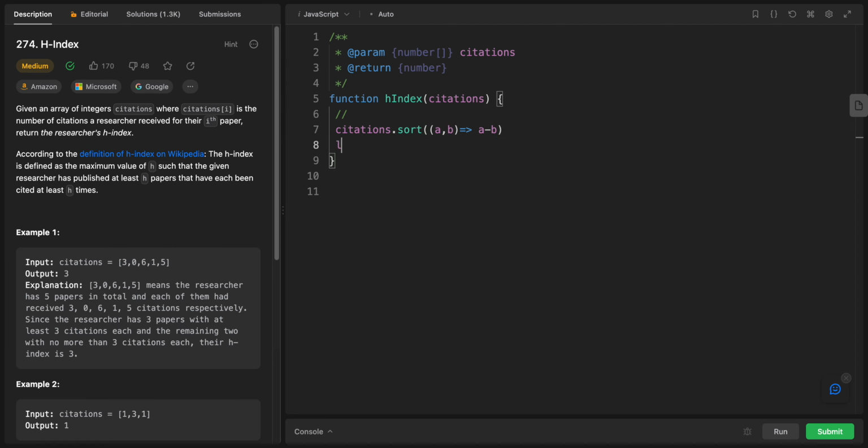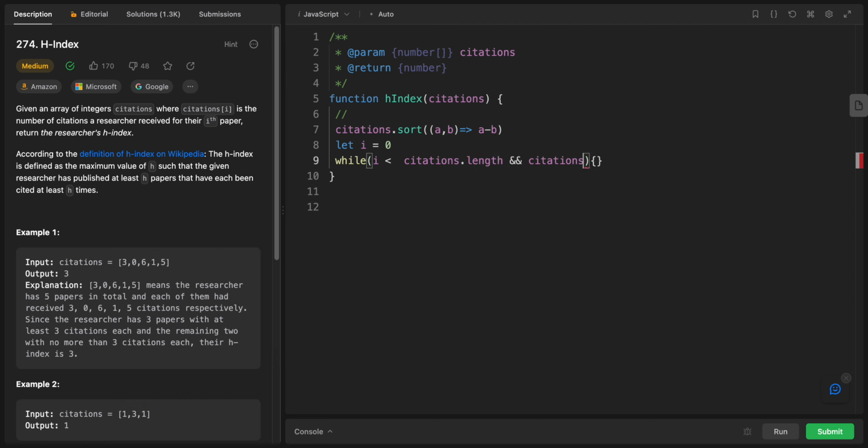Now let i equal 0, and I will make a while loop while i is less than citations.length.